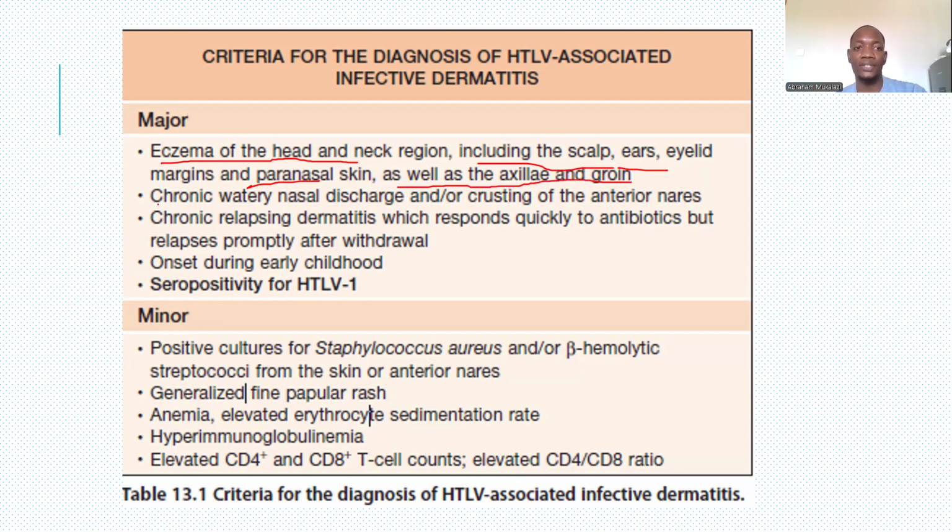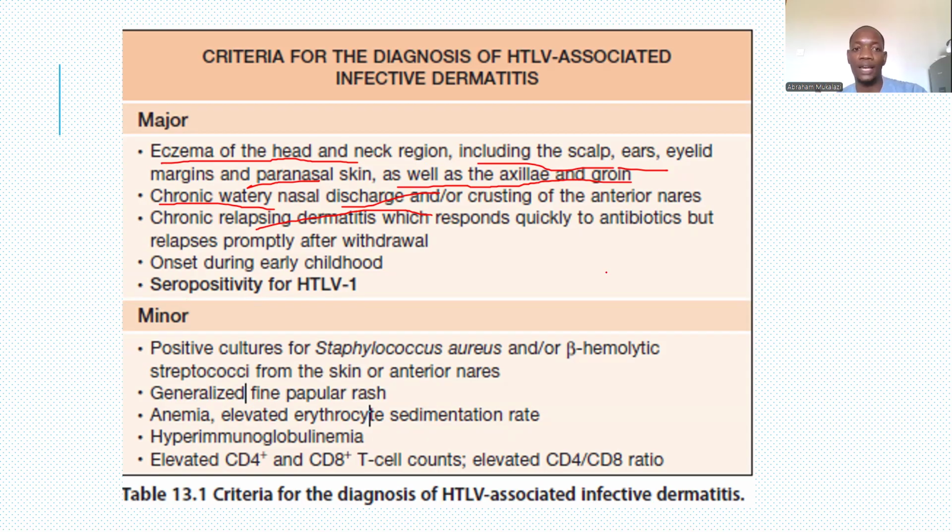Then someone has chronic watery nasal discharge, which is similar to what we see in congenital syphilis, the snuffles you see in syphilis. So that continuous drainage from the nose, then someone will get this chronic relapsing dermatitis, which resolves almost spontaneously with the use of antibiotics, but relapses after you've taken out the antibiotics. That is also a major criterion. And then onset is very common in early childhood.